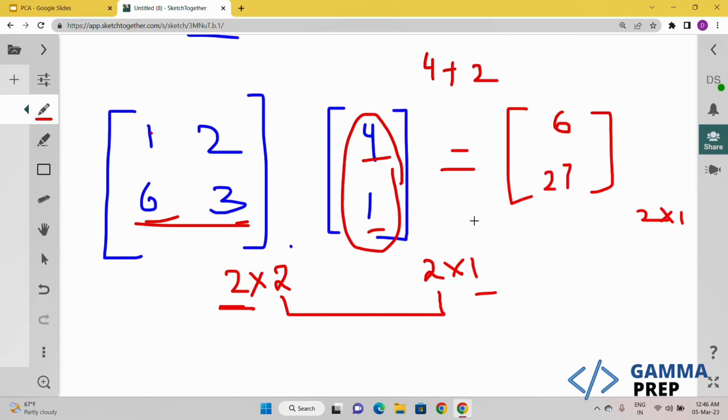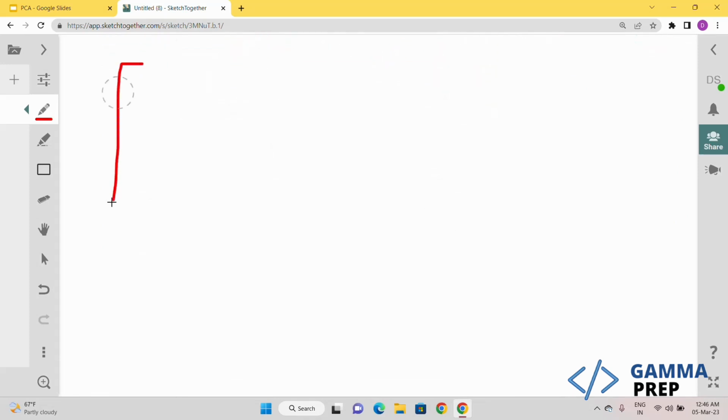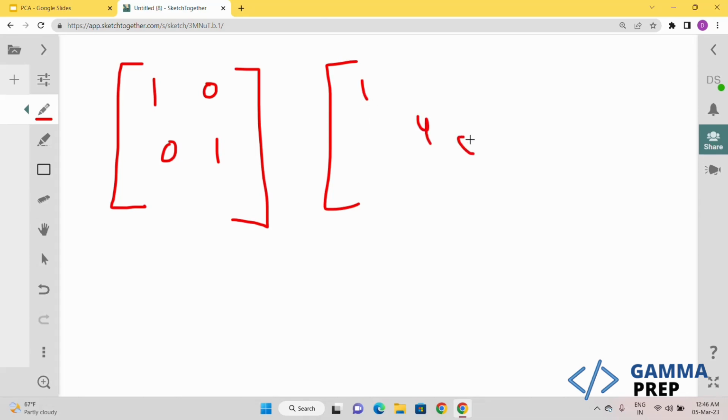So let's take one example. We have 1, 0, 0, 1, which is the identity matrix, and we have 1, 2, 6, 4, 4, 8, something like this.